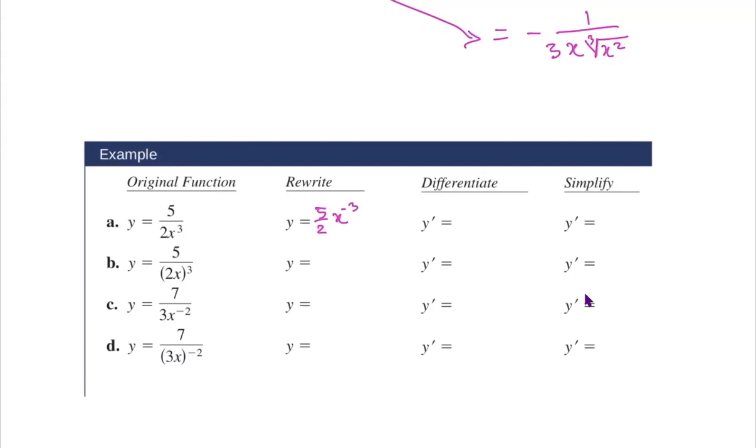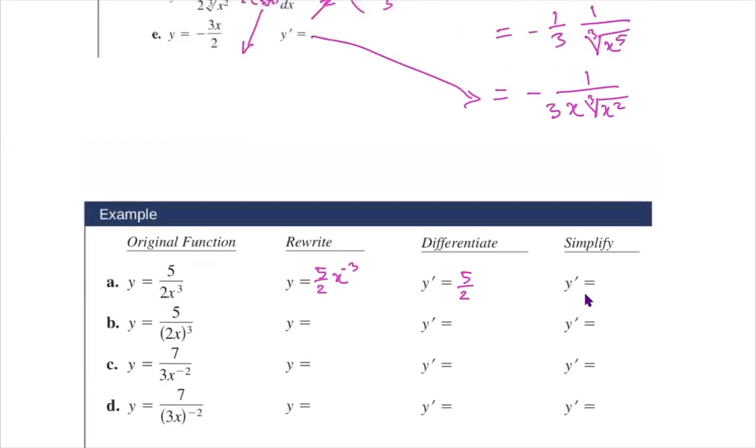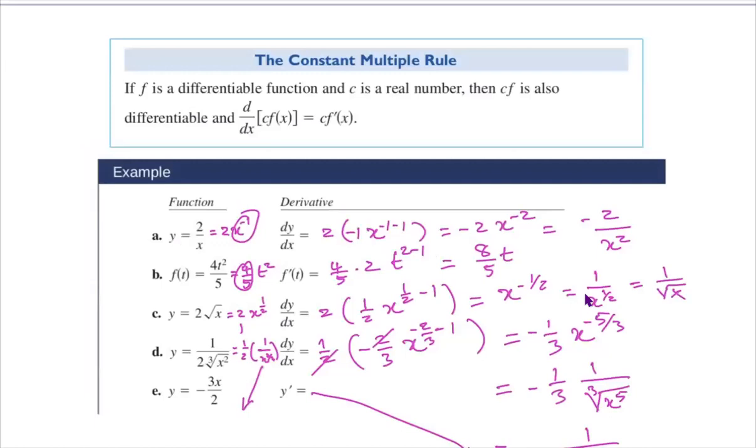Well, I can use the power rule, but I know the coefficient 5 halves would not change, because that's what it is if I use the constant multiple rule.